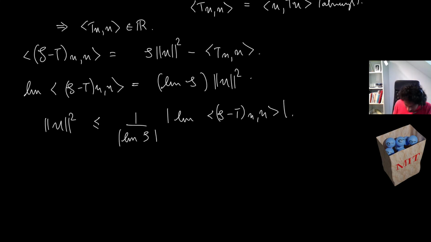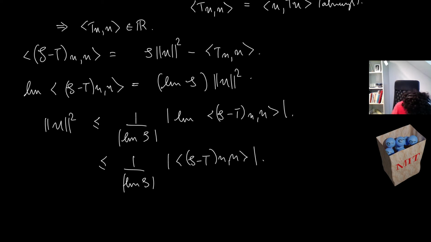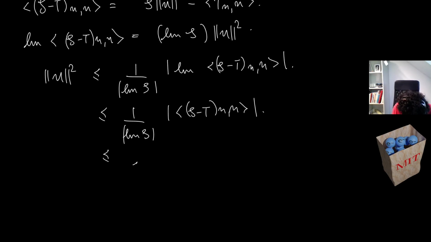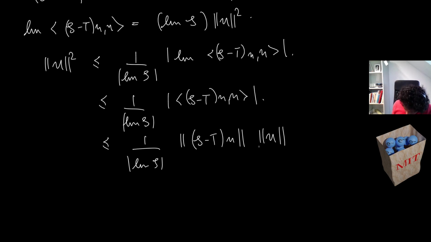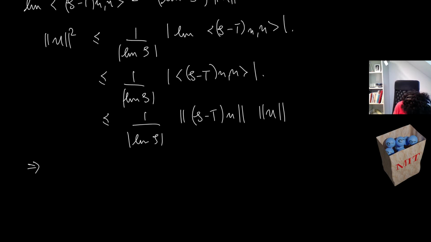But of course, the imaginary part is going to be bounded by the whole expression. So this is less than or equal to 1 on the imaginary part of zeta, times the norm of zeta minus T applied to u, times norm u. Now we can cancel the u here, so we deduce that norm u is less than or equal to 1 on the imaginary part of zeta times the norm of zeta u minus Tu.